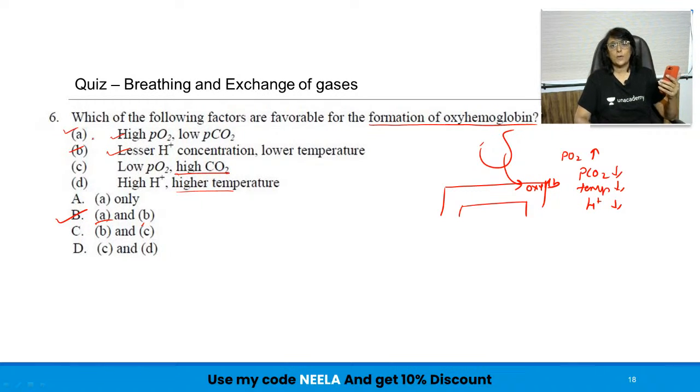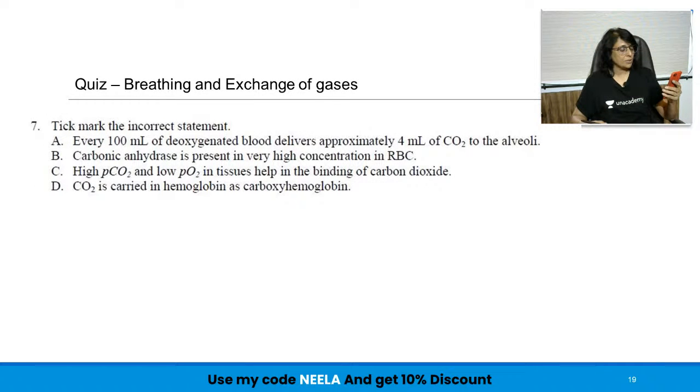We are on sixth question and we are talking about the factors. There are total 4 factors. Partial pressure of oxygen, carbon dioxide 2, then H ion concentration more or less and temperature more or less. So 4 factors should be there. And that is why 2 statements are correct here, A and B. Okay, let us take the next question, that is the 7th question.